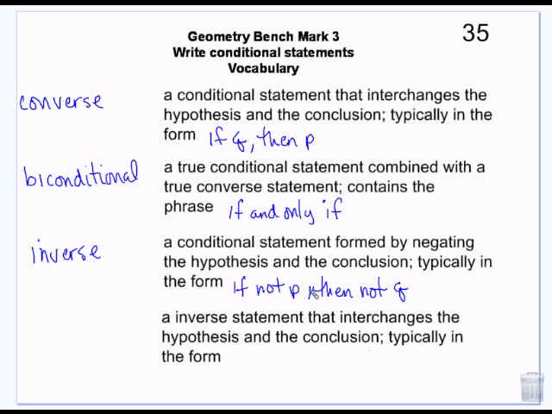Well, if you don't clean your room, then you will not get allowance. These are the same truth as the conditional. So if the conditional is true, the inverse will be true. If the conditional is false, then the inverse will also be false. The converse may or may not have the same truth as the conditional.